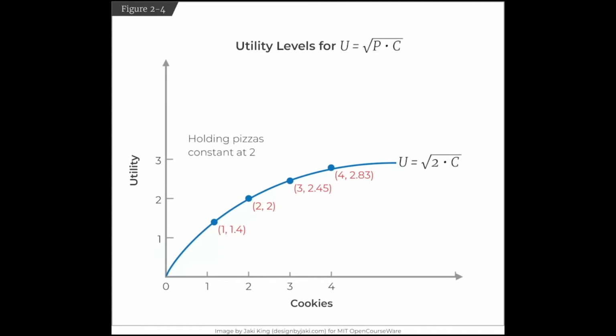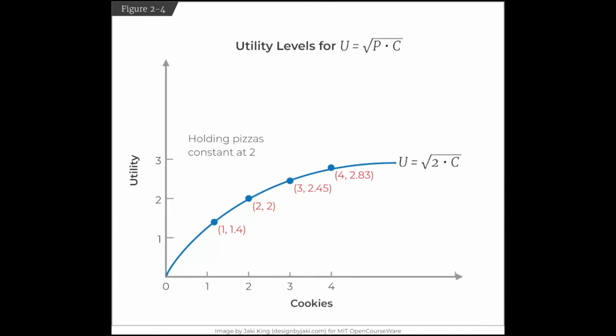Now, once again, the util numbers don't mean anything. It's just to give you an ordinal sense. What you see here is that if you have one cookie, your utility is 1.4, square root of 2 times 1. If you have 2 cookies, your utility goes up to square root of 4, which is 2. You are happier with 2 cookies, but you are less happy from the second cookie than the first cookie.